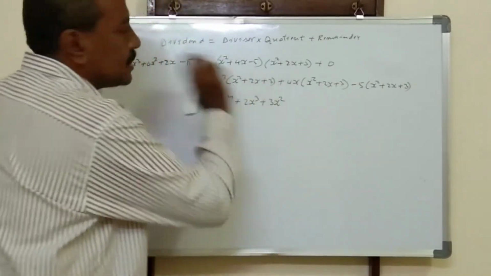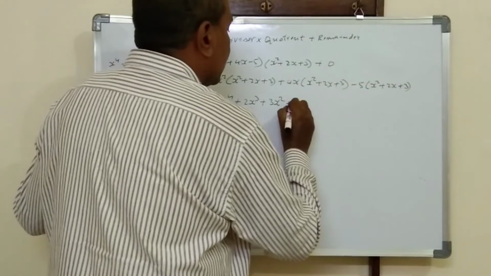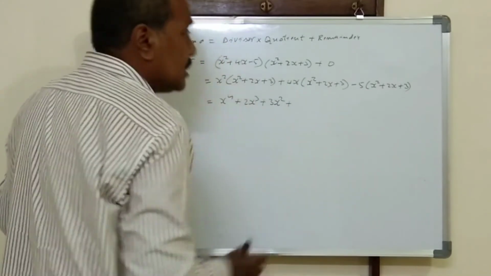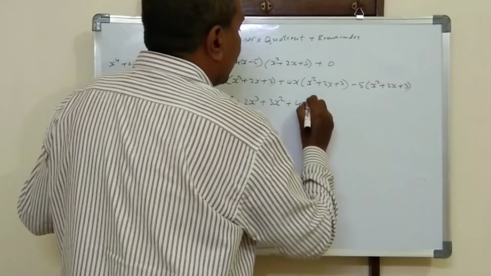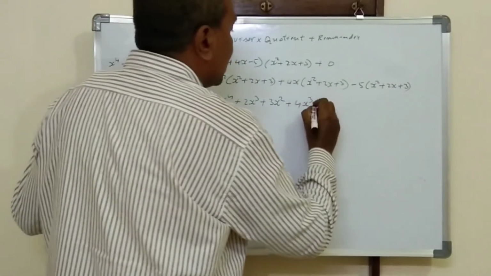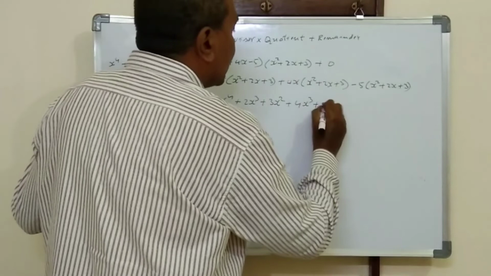This part is over. Now multiply this part: plus into plus is plus, 4x into x square is 4x cube.